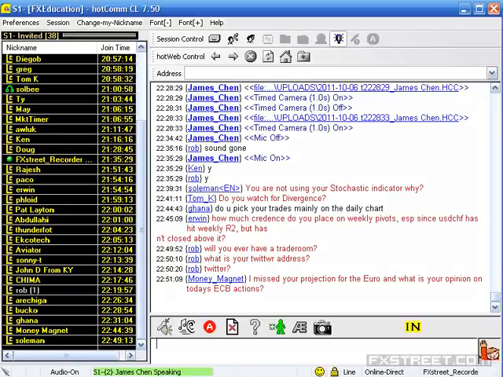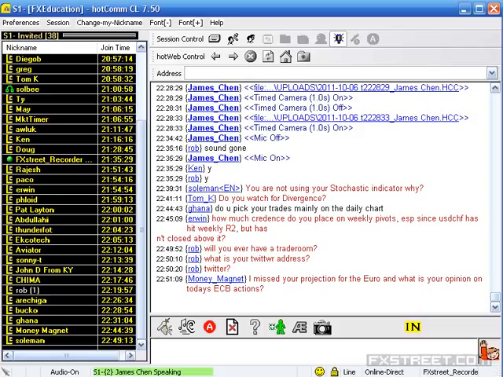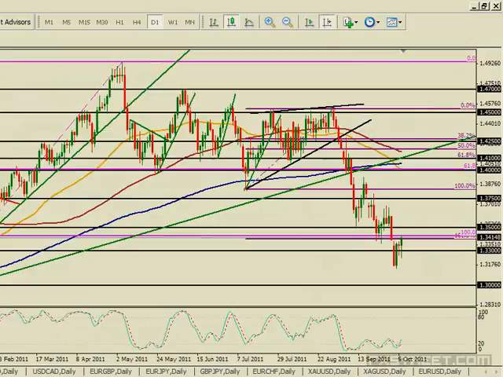Money Magnet, I missed your projection for the euro. What is your opinion on today's ECB actions? Okay. My projection on the euro. I don't really have an opinion on today's ECB actions. But my projection for the euro, as I mentioned, I'm looking for 130 longer term, especially if there's a break to the downside.